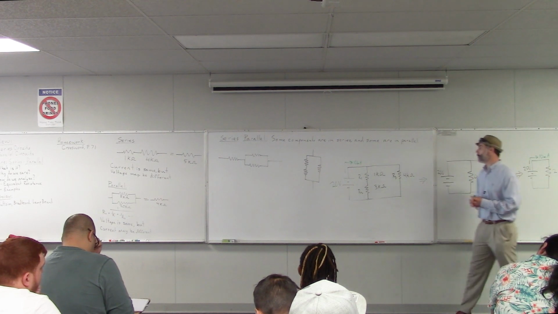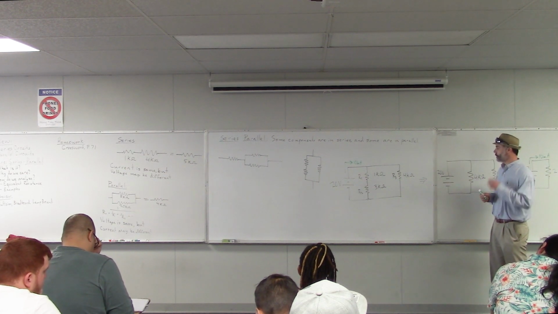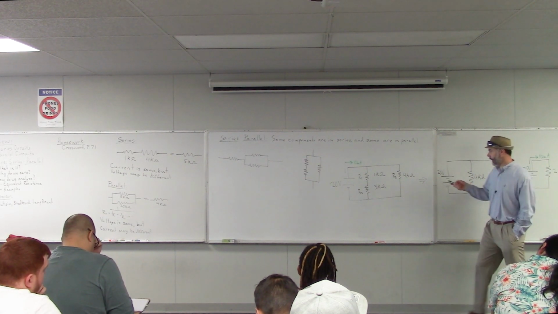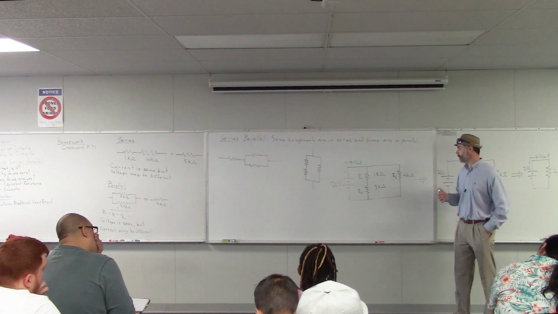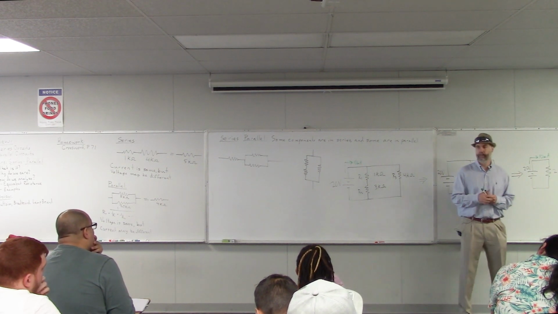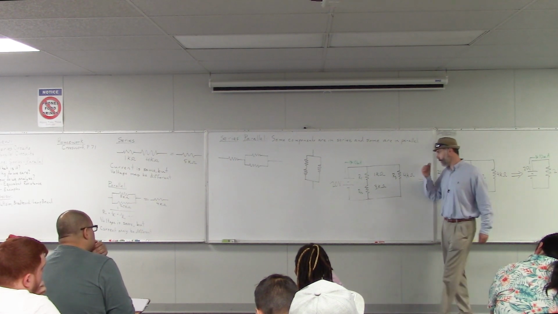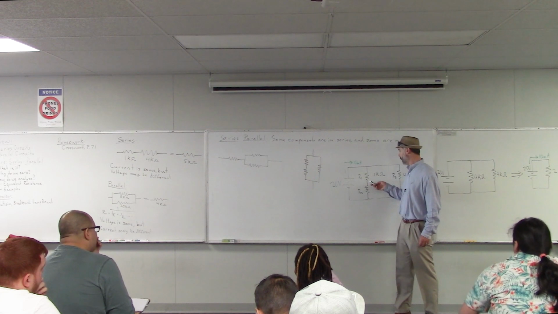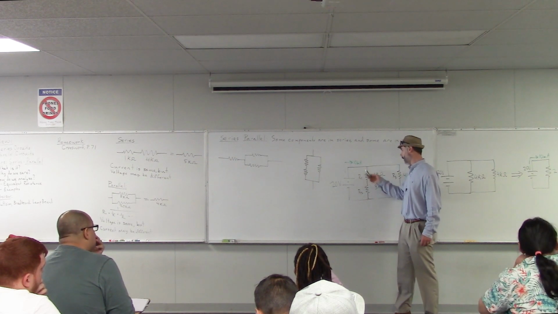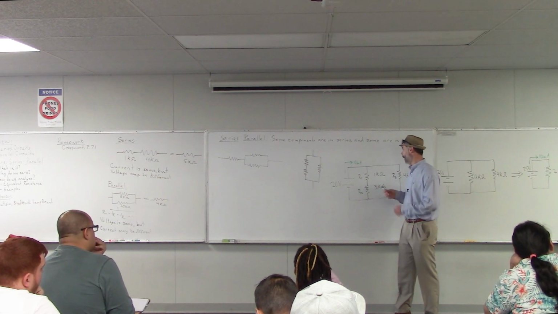So, anybody want to hazard a guess about what we could work on next? Let's start with the series since it's first in line. Yeah, it is to the left of the circuit, so that would be good.